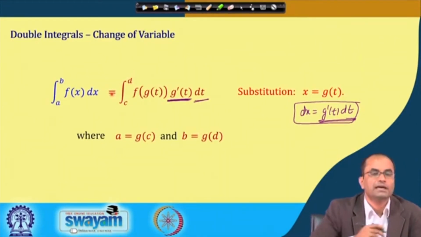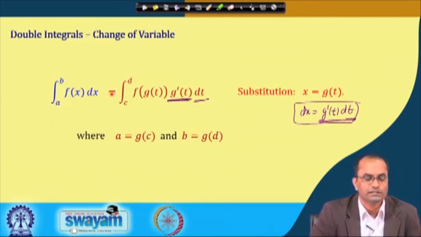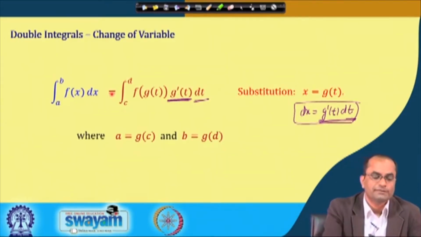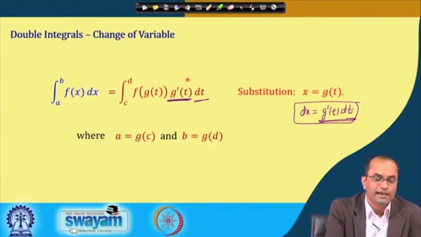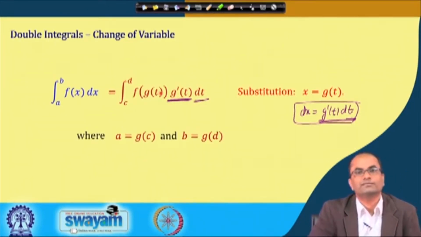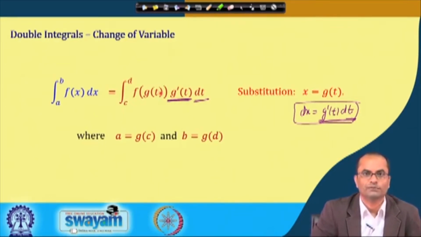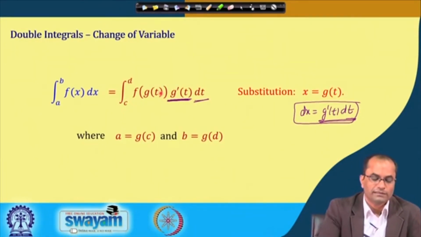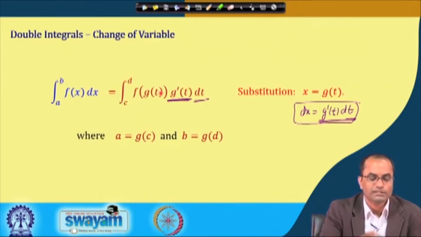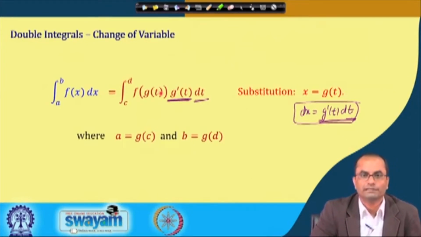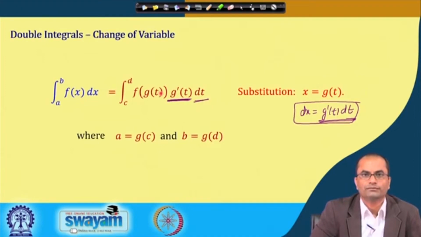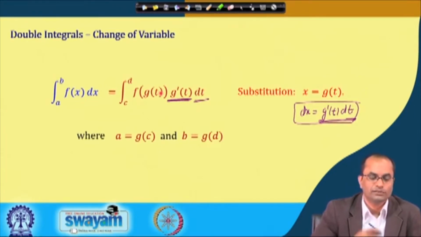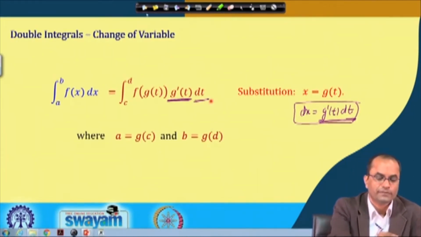So, in that way we have also computed these new limits, and we have substituted the variable, and instead of this dx, dt has come, but with another factor which was in terms of the derivative of this g. So, a similar kind of derivative we will also get when we have an integral in two variables or the double integral.